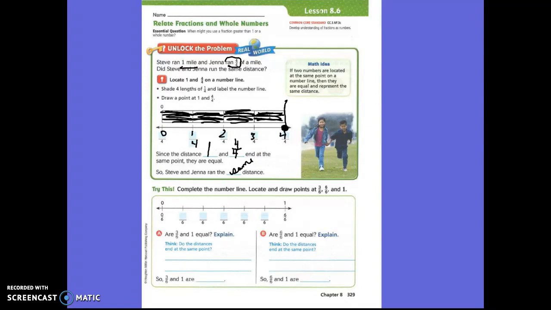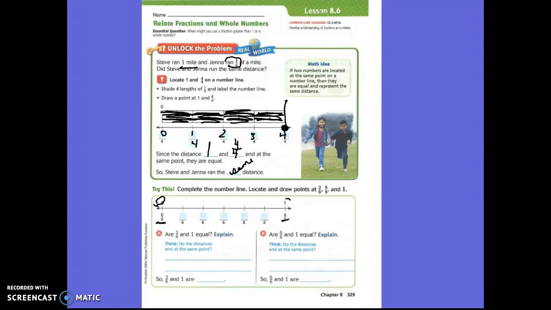Complete the number line, and then we're going to locate and draw points at 3/6, 6/6, and 1. Let's complete the number line. Did they start the number line for us? Yeah, because they started at 0. 0/6.